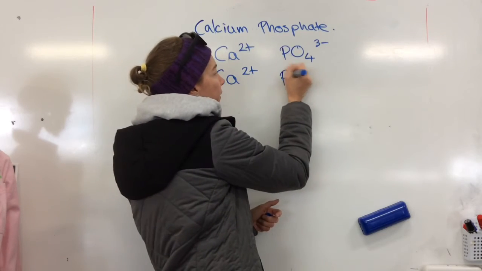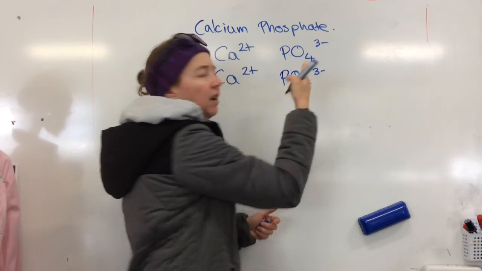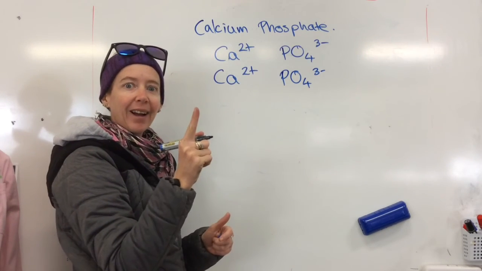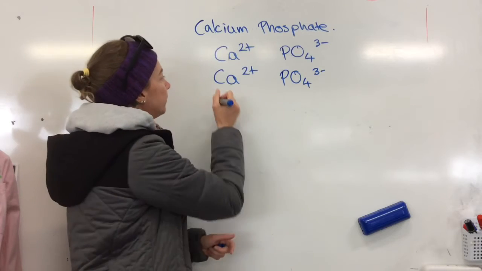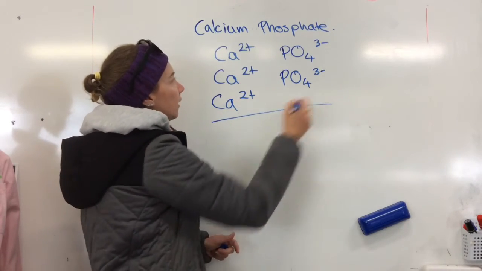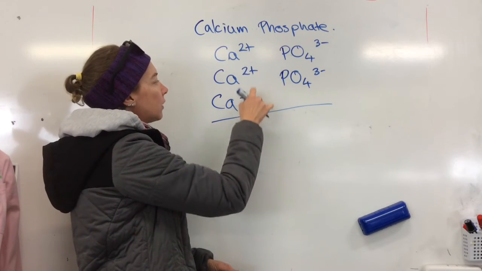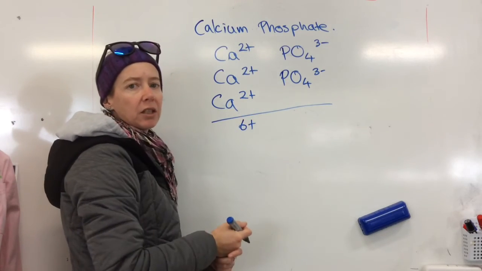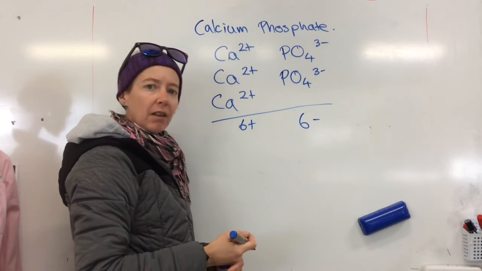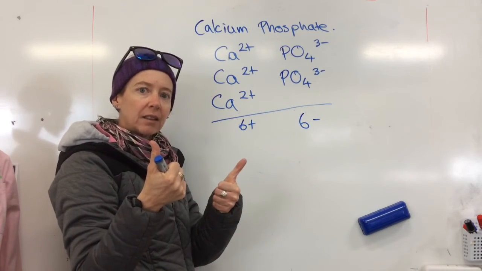So then if I go to add another phosphate, I've got 6 negative and I've got 4 positive. Aha! Add 1 more calcium. Let's have a look. 2, 4, 6. I've got 6 positive charges. 3, 6. I've got 6 negative charges. Balanced.